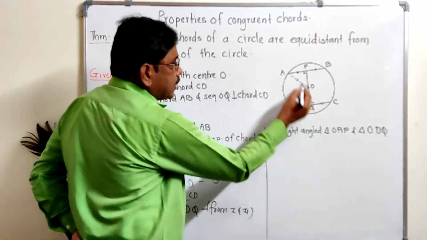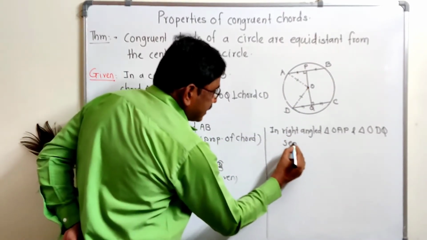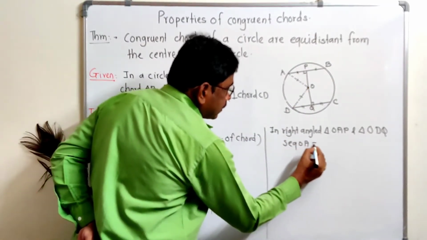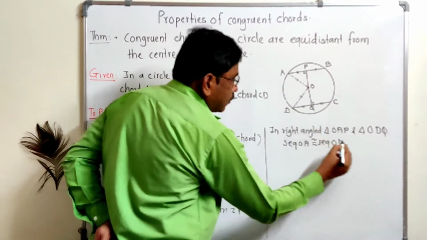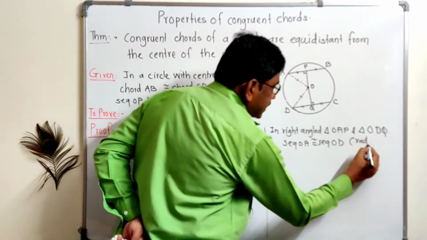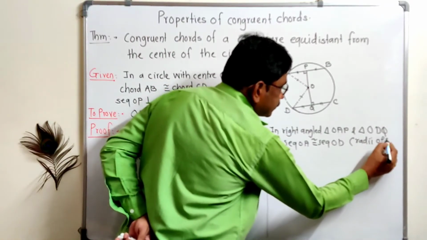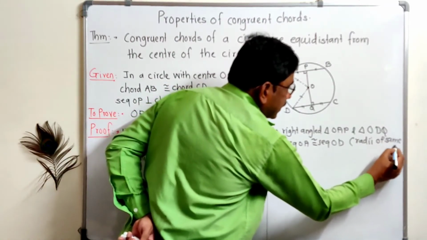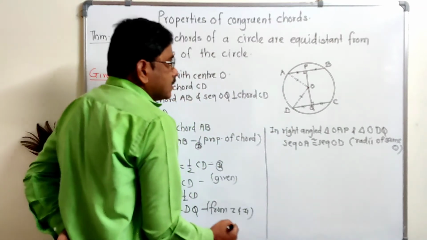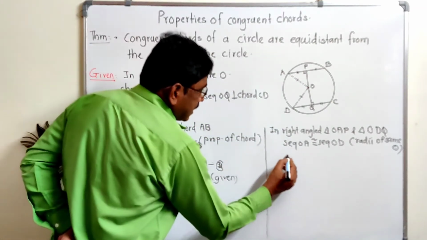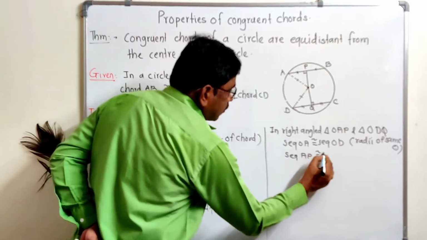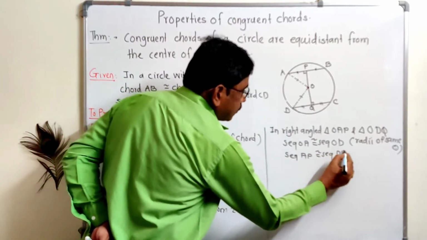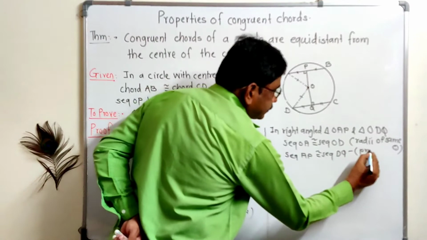Segment OA is congruent to segment OD. OA, OD, these are the radii of same circle. Then second thing, this segment AP is congruent to segment DQ is proved.